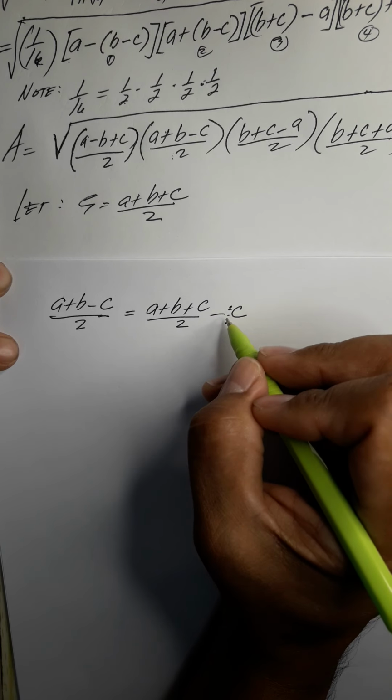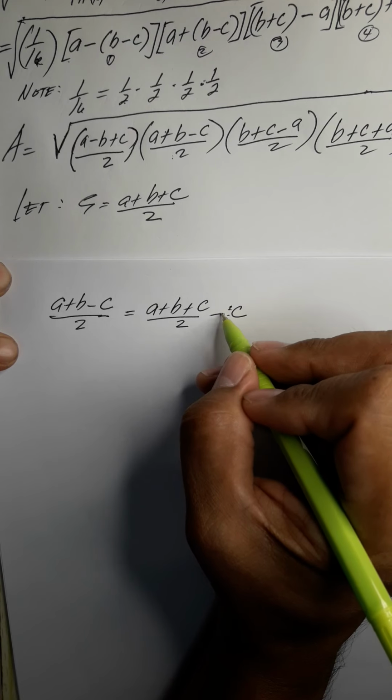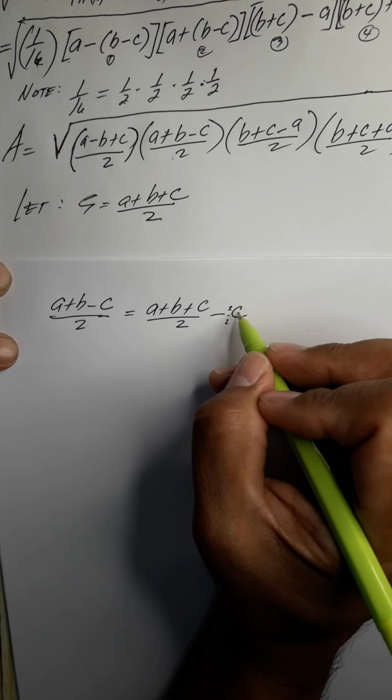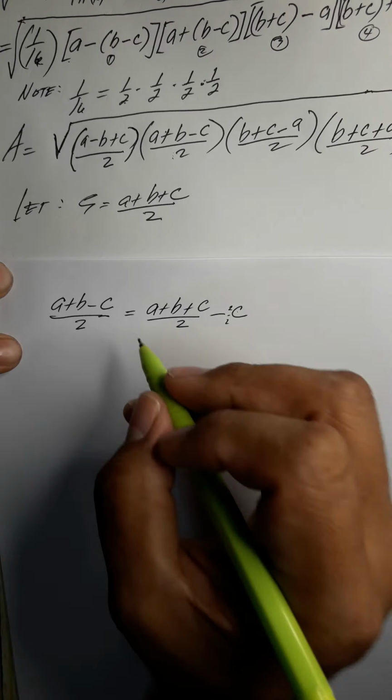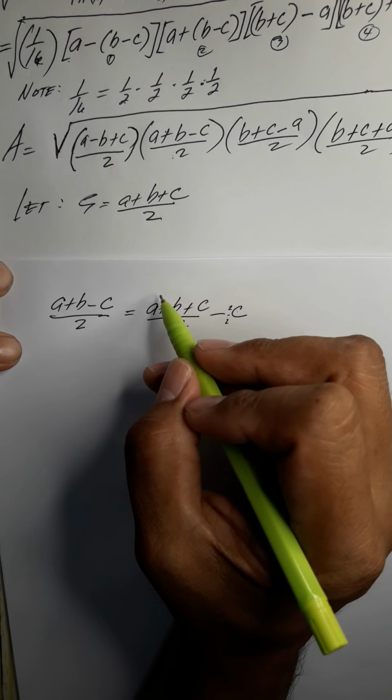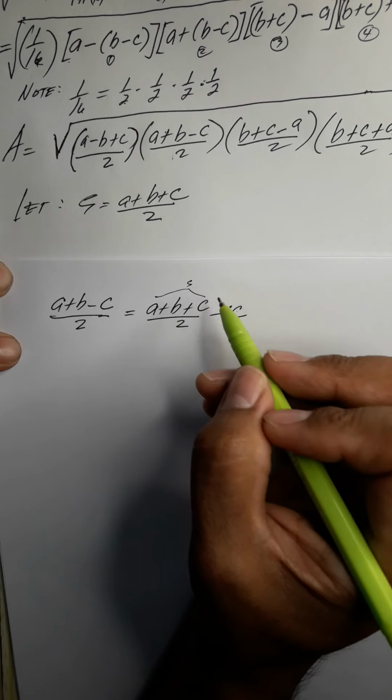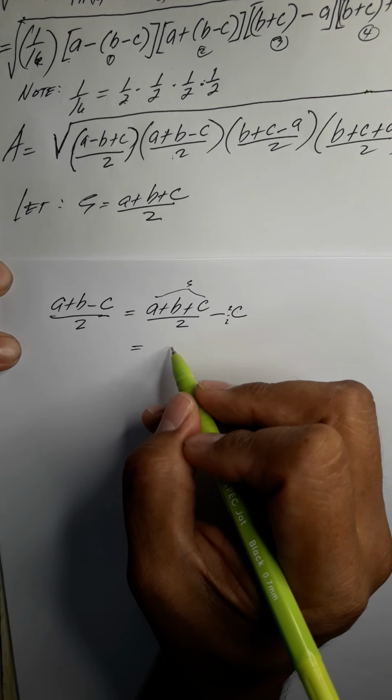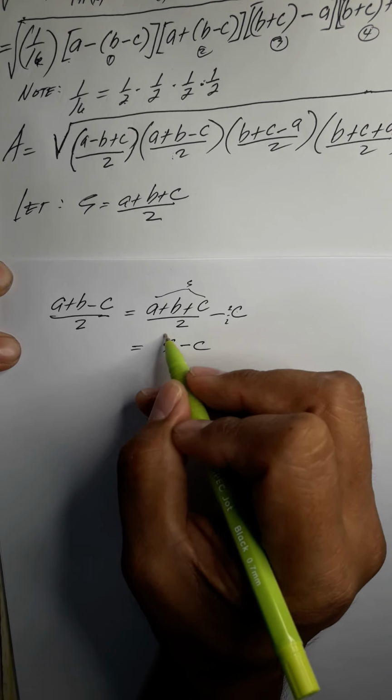Okay, so C minus 2C, or 1 minus 2, will give you negative C. So this term here is actually our S. So this will become S minus C.